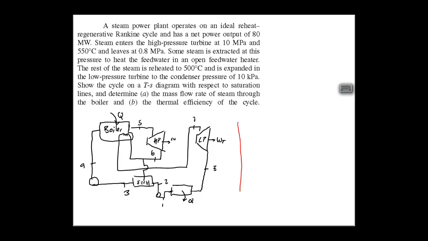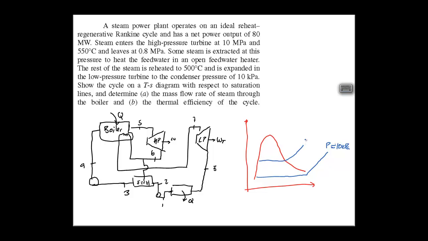If we draw it on a TS diagram, we're going to start by drawing our dome, and then our cycle. This is the condenser pressure. This will be our extraction pressure, point 8.